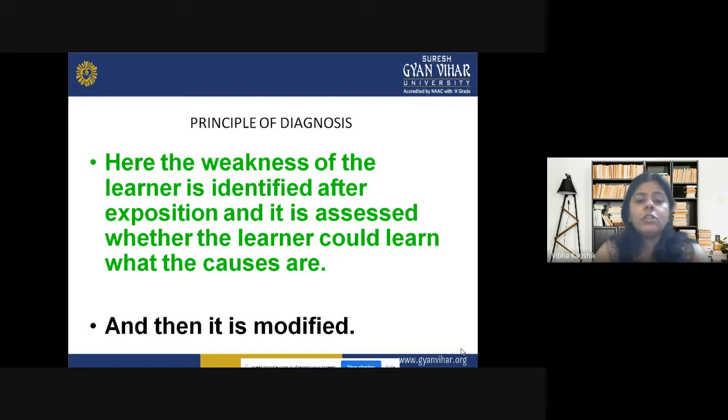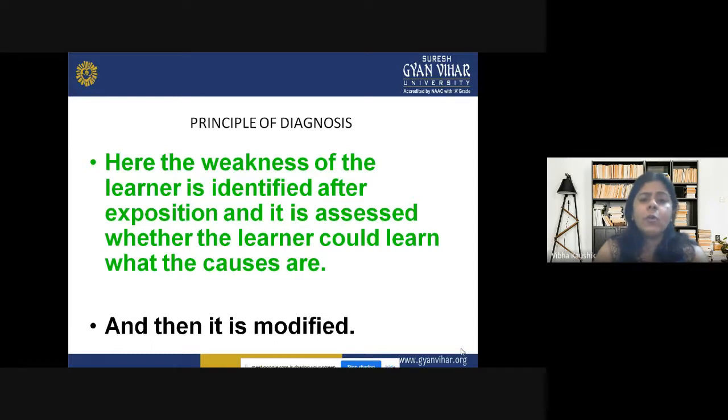After exposition, it is assessed whether the learner could learn that particular topic, concept or content, and what the causes are, what are the various reasons why the learner is not able to learn that particular topic, content or subject matter, and then it is modified.